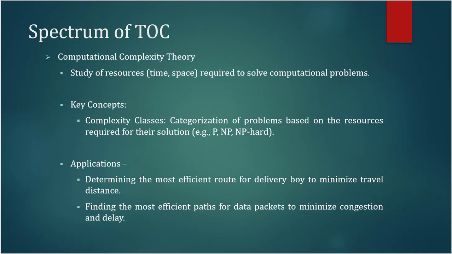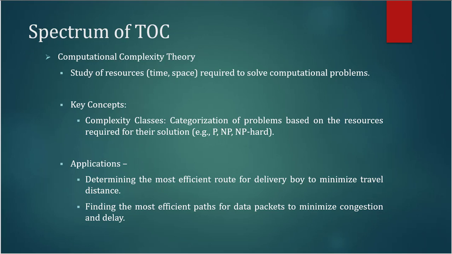The third branch of TOC is computational complexity theory. This branch deals with the study of resources, that is, the time and memory requirements to solve computational problems. The focus of this branch is on categorization of problems into various classes such as P, NP and NP-hard.